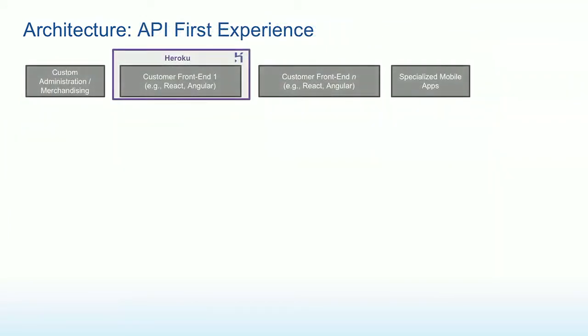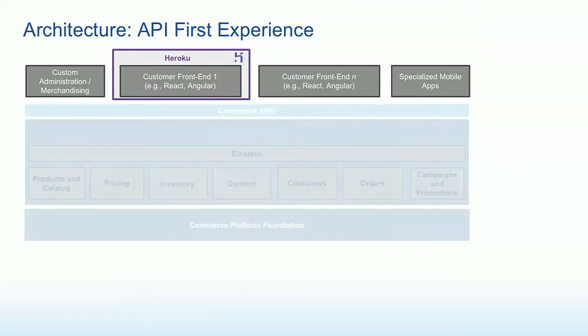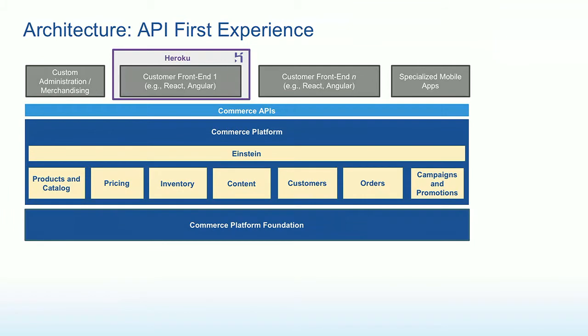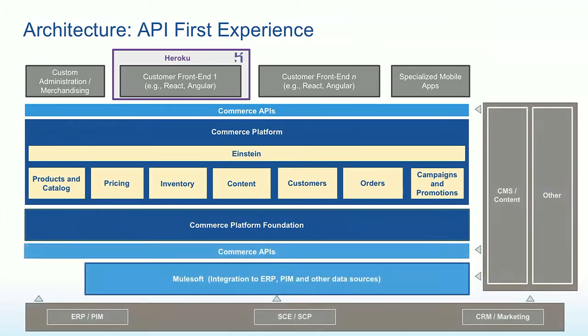In an API-first model, though, maybe you build an application in React that you deliver through Heroku, or build some unique customer experiences in a different channel and deliver them in a different way. Maybe you have a custom back-office application for a unique merchandising case. Again, all on top of the same commerce platform, interacting with our same commerce APIs, and built on top of the same world's best #1 CRM for having that single view of the customer.